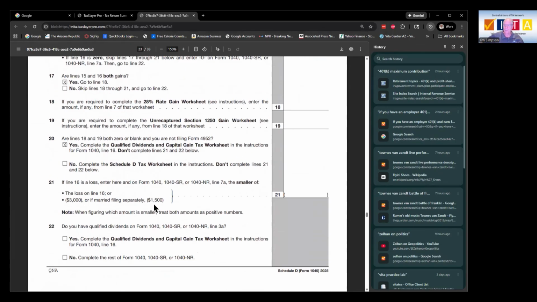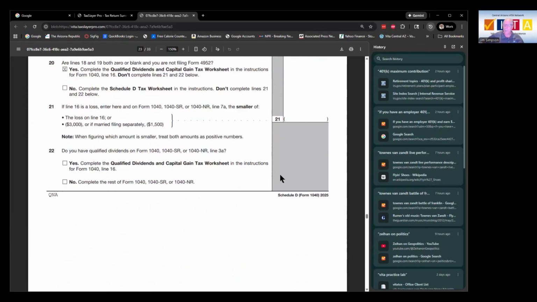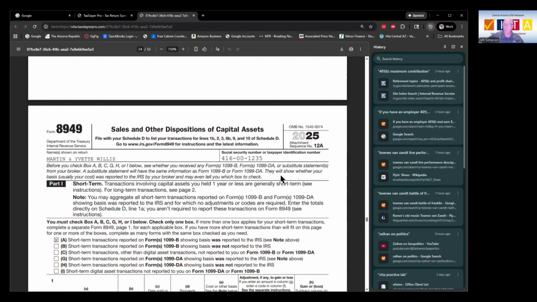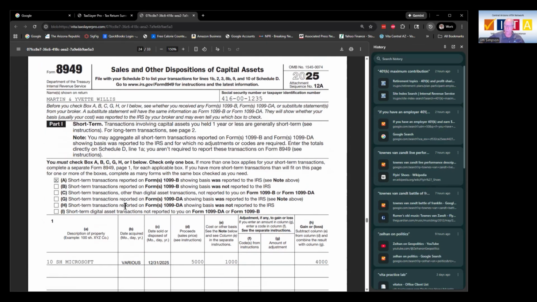It would know that. Oh, also, look here, capital gain distributions. Remember when I entered in that 1099-DIV and it had, I think it was box 3, that had capital gain distributions? Those get reported right here. But what I wanted to show you is for every one of those 4 boxes, it's going to generate an 8949.